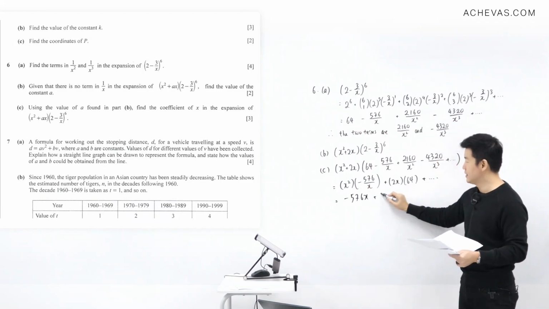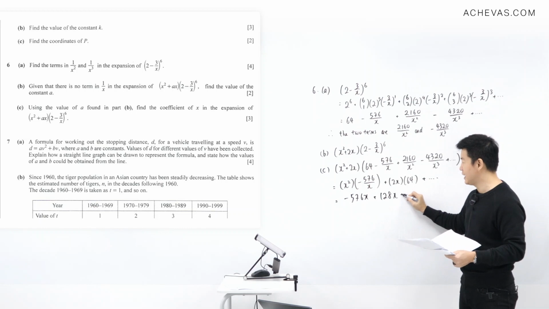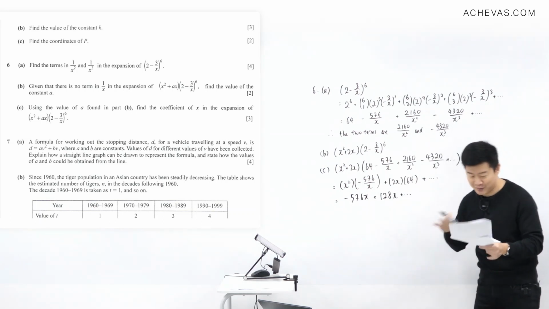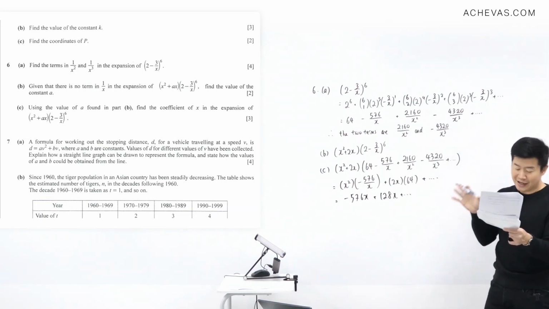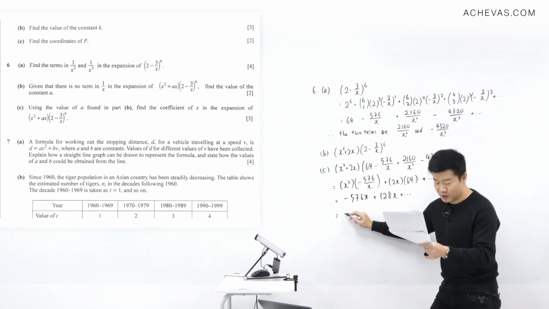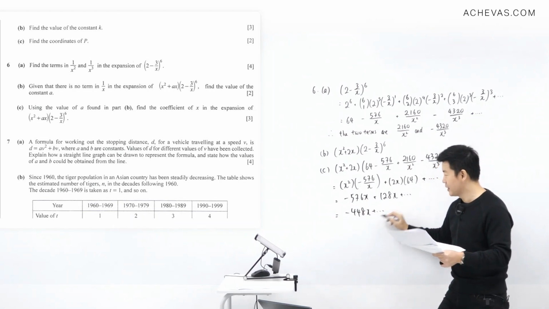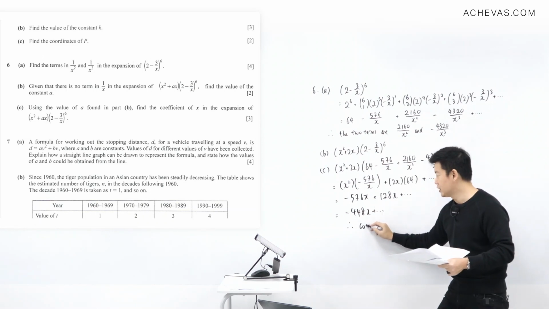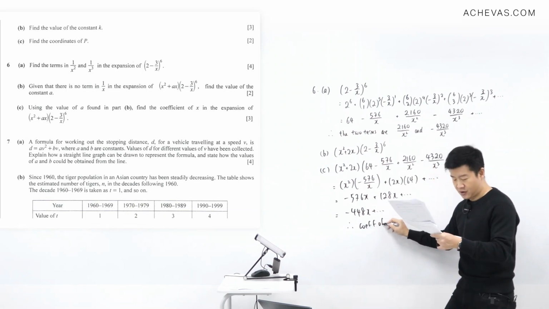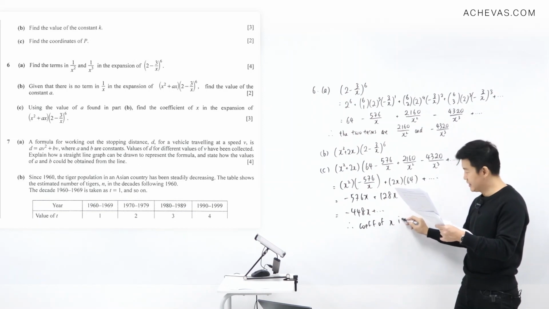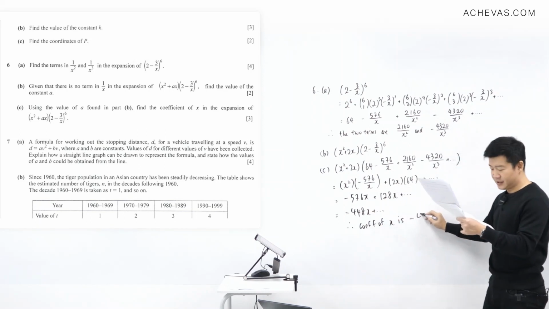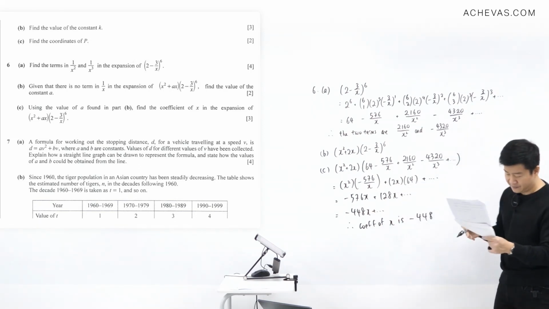Then we have this is 128x, yes, another term that is in x. For the rest of the terms, we will not be expecting them to be in x. So the only term that is going to be in x is going to be minus 448x. So therefore, the coefficient of x is going to be this, minus 448.